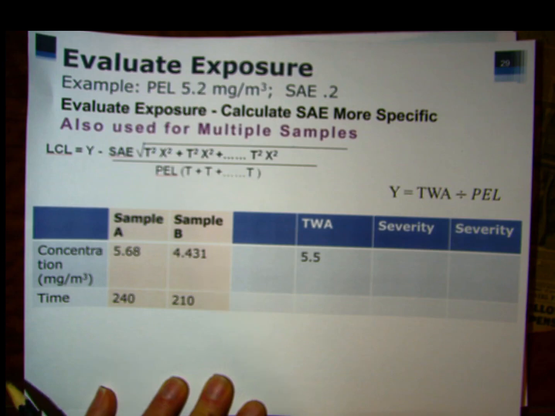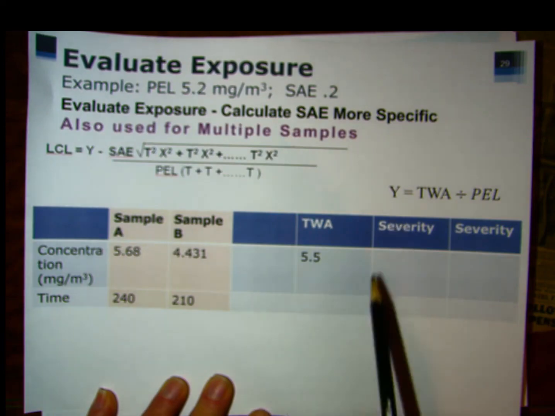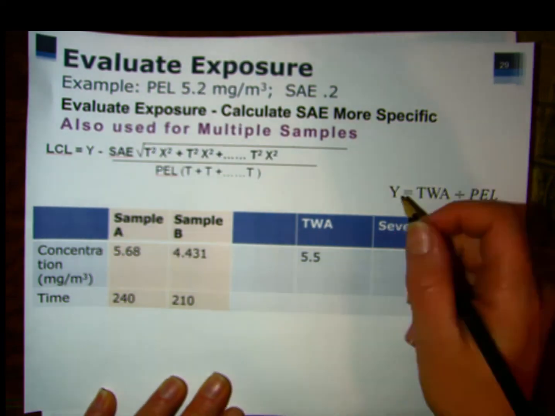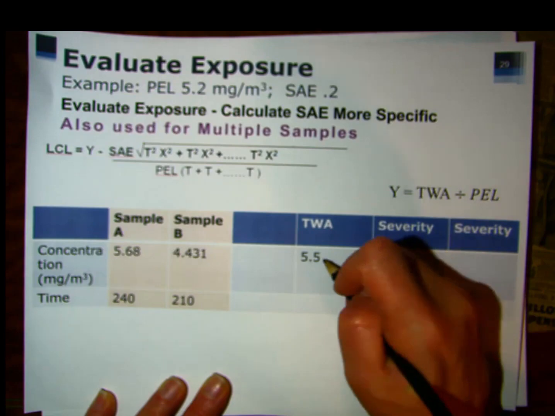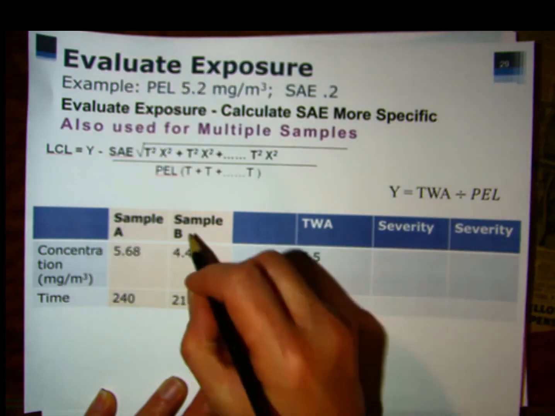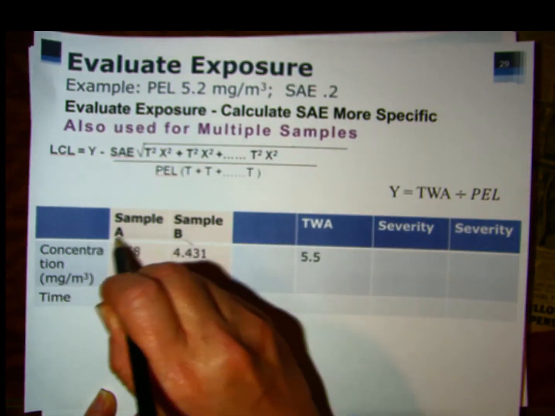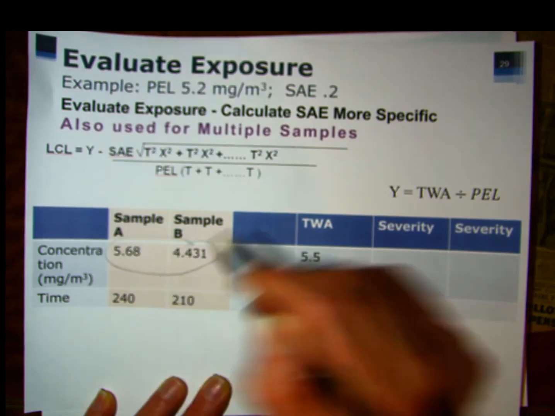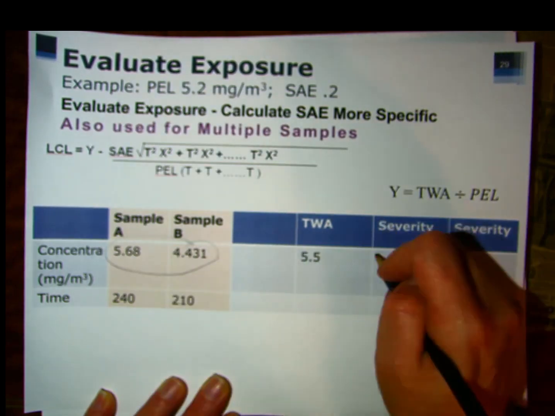Okay, so we have our setup here, and that's probably what's most important, is to get our setup right. So let's start by calculating our severity. This is our time-weighted average of these two together, which we've already previously calculated.